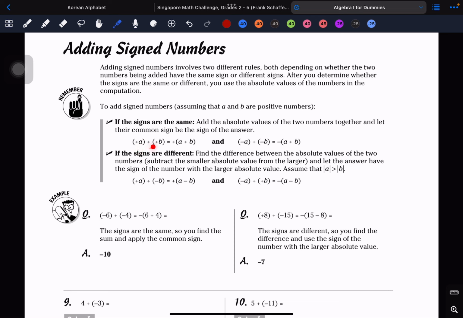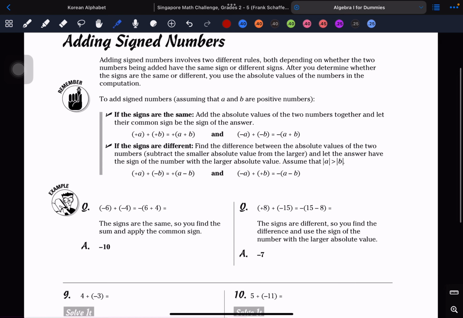So positive A plus positive B is equal to positive of A plus B. Next, if you are adding negative A plus negative B, you just need to combine A and B. The absolute value of these two is just A and B, right? That's why you have A plus B here. And then, since they are both negative, you will put negative sign in your answer.